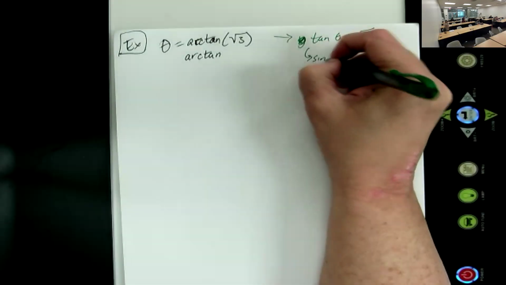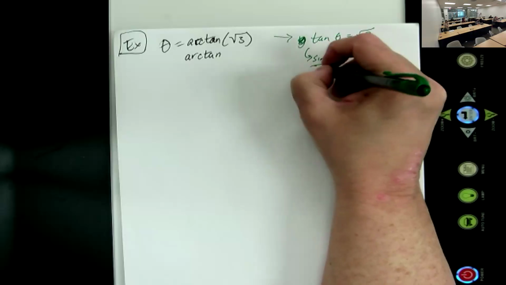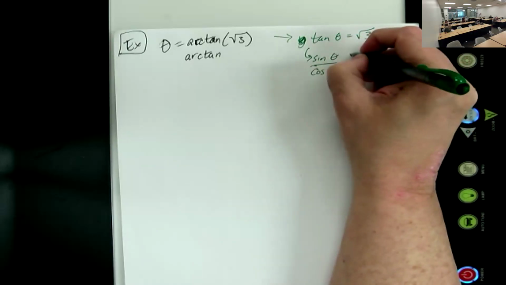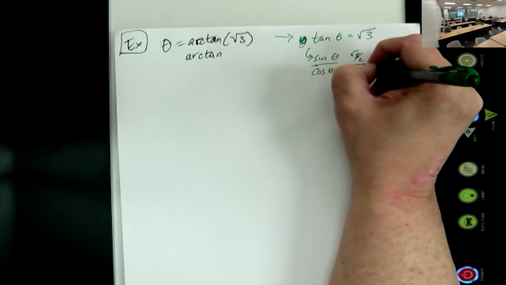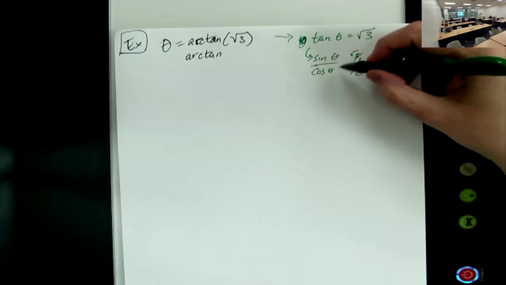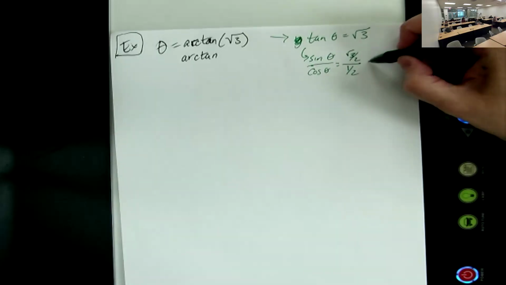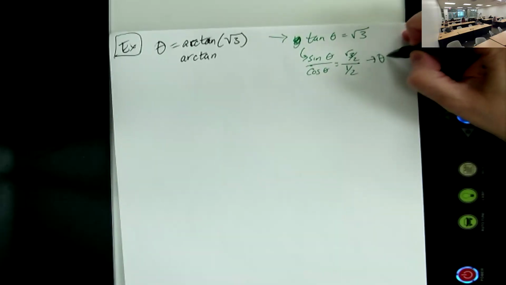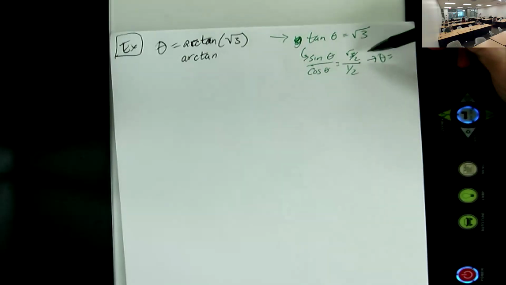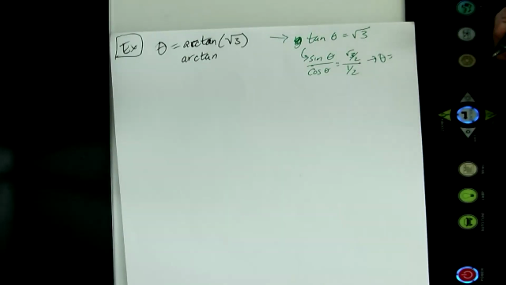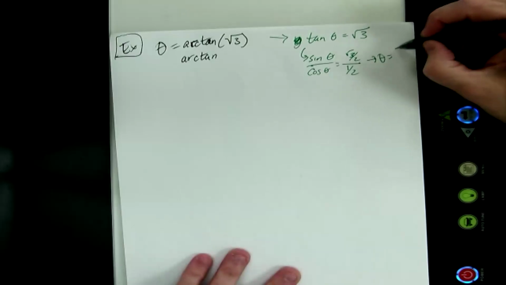And remember that's sine over cosine. So we're gonna need to get our square root of 3 on top, we get square root of 3 over 2 over 1/2. That'll give us our thing, so what angle is theta? Where does sine equal square root of 3 over 2? Pi thirds.